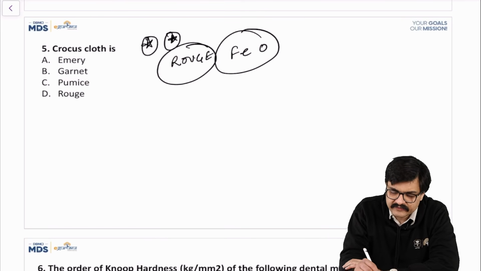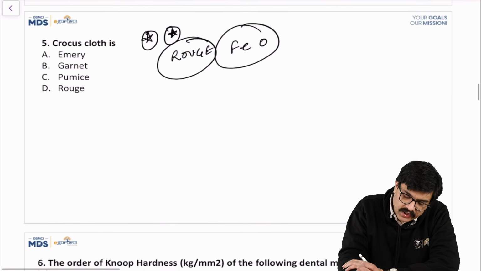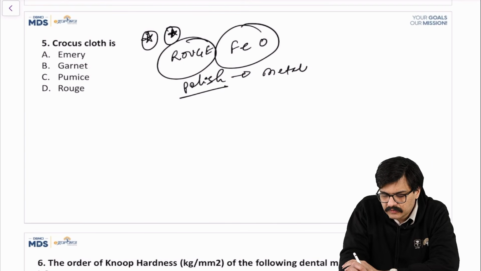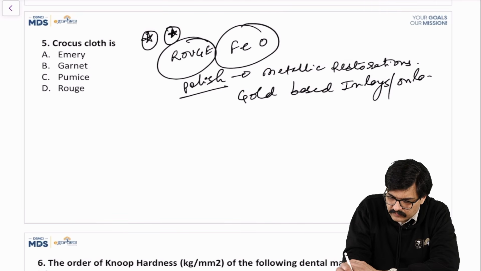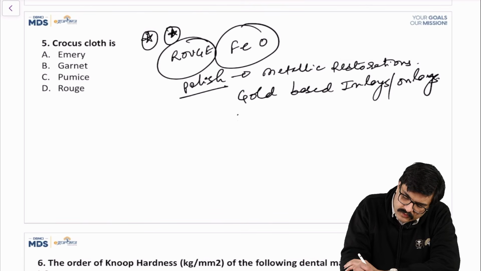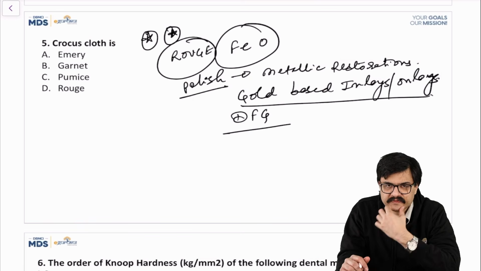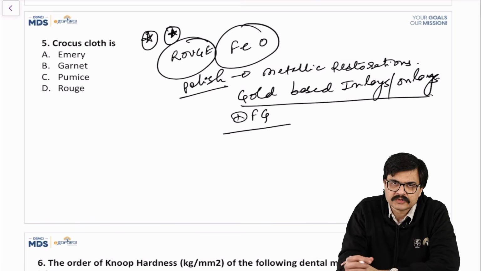This is typically used to polish metallic restorations, like gold based inlays, onlays, and your direct filling gold restorations. This typically is applied on, say, a felt wheel and then rubbed onto the tooth surface.